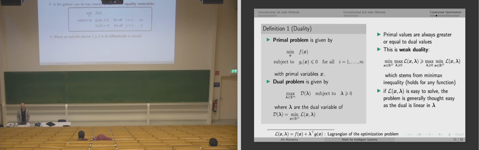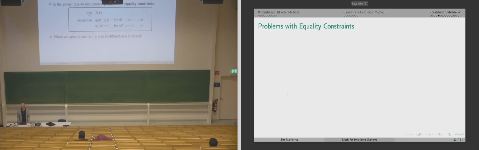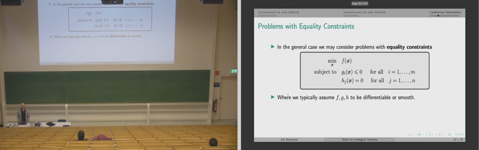Okay, we can also have problems with equality constraints. That just means that on top of these G functions, we have these H functions, where the constraints are that the functions have to be equal to zero. We can also offset that so they can be equal to whatever, but in the general case, we set them equal to zero.